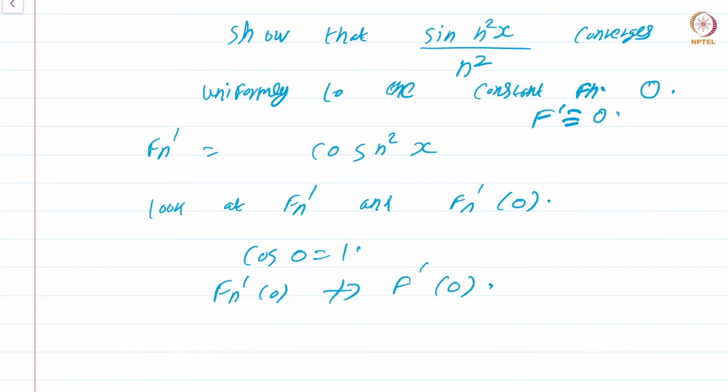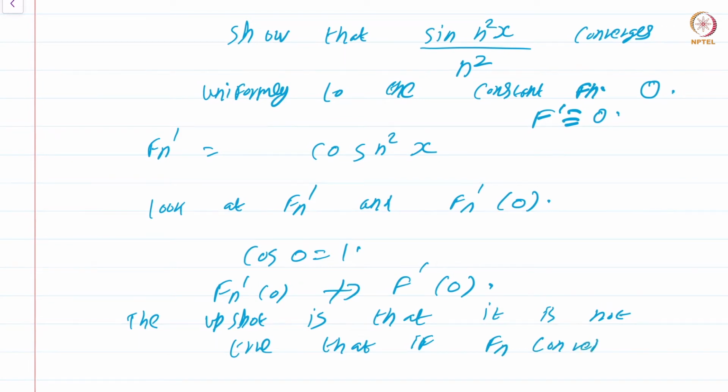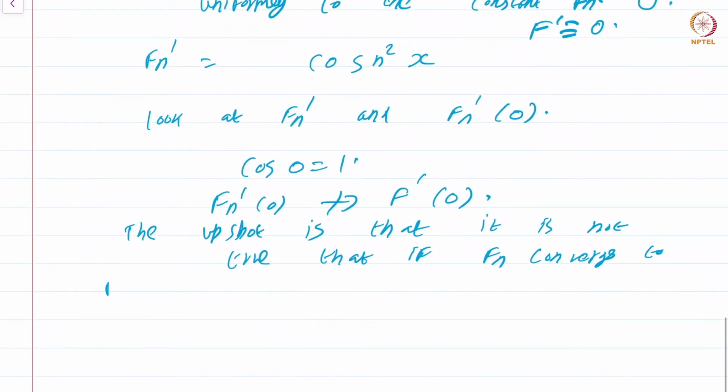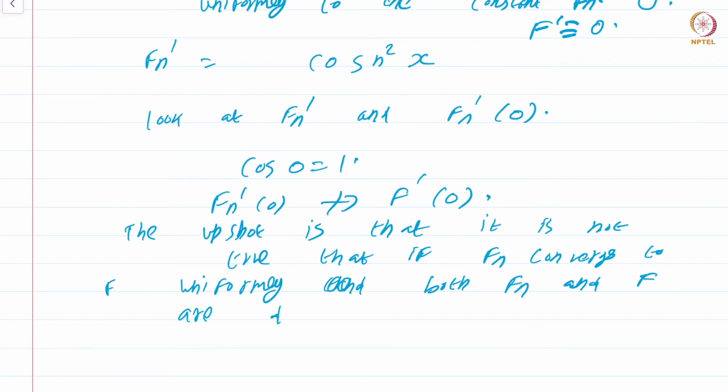It does not converge to f prime at 0. So the upshot is that it is not true that if fn converges to f uniformly, and both fn and f are differentiable, then fn prime converges to f prime.